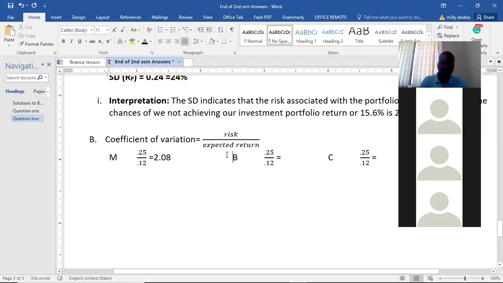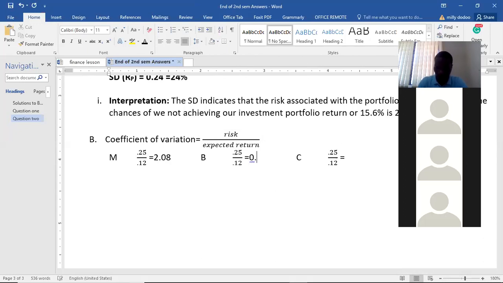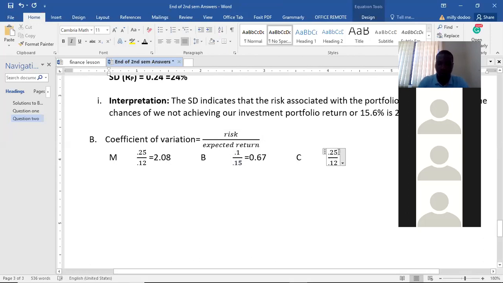And investment B, you got how much? Maybe it's 10%. Oh, I didn't change it. Yes, it's 10 and 15.